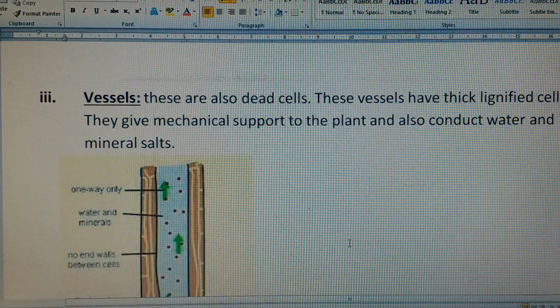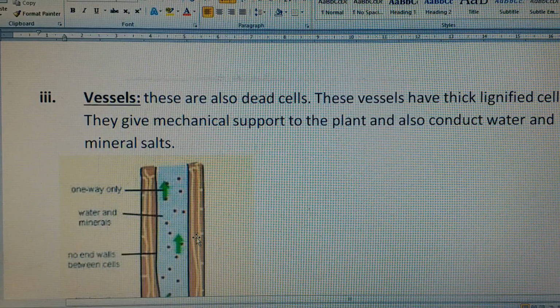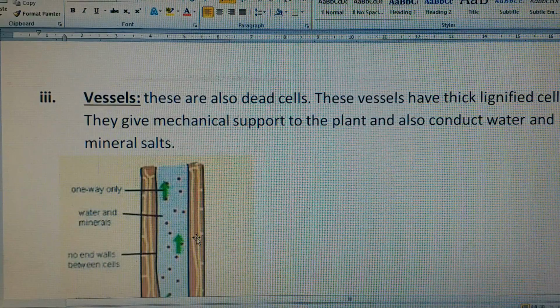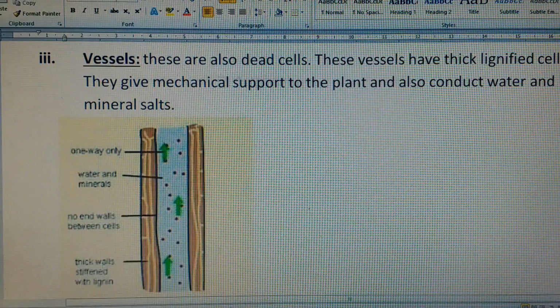Because of the deposition of lignin, their cell walls become very thickened. They also give mechanical support and also conduct water and minerals to various parts of the plant body.